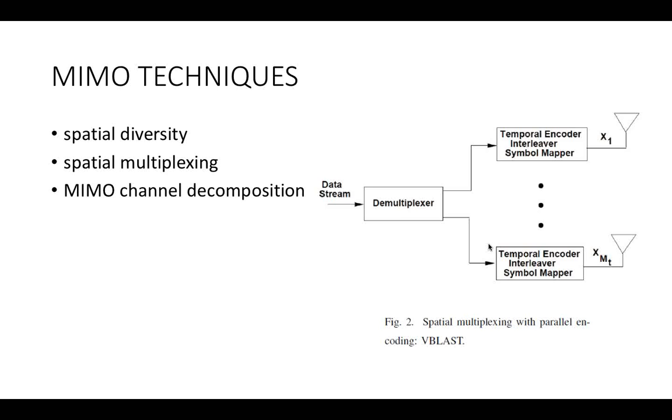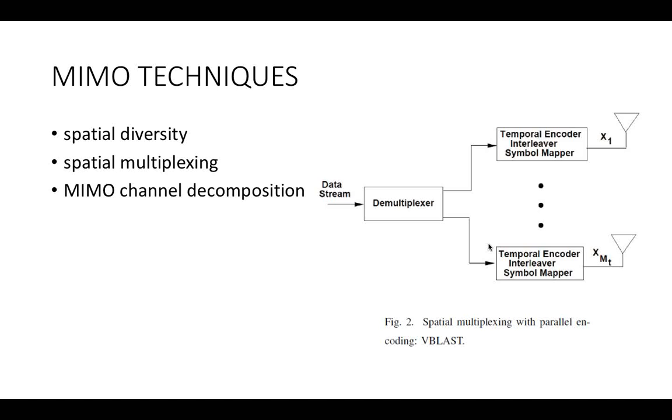Such properties are realized by the so-called Alamouti space-time code. And a simple method to achieve spatial multiplexing is from Bell Labs, which is called V-BLAST. It is a parallel encoding as illustrated on the right.